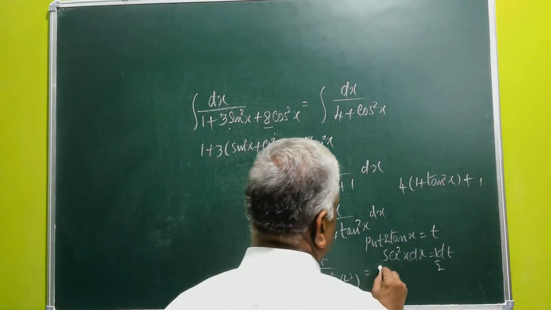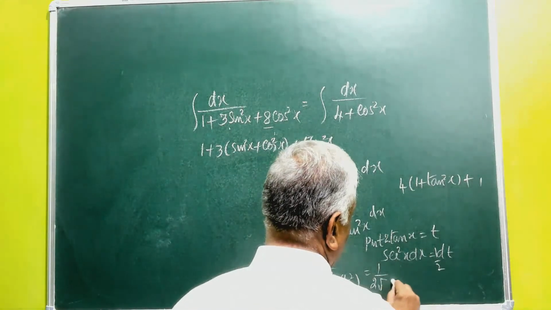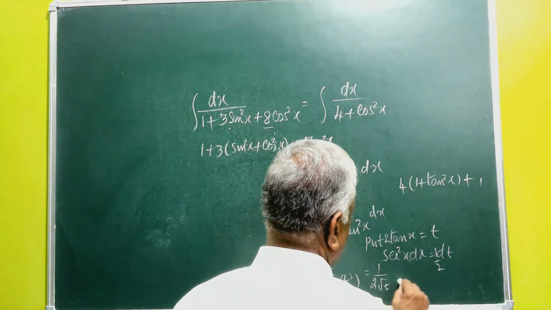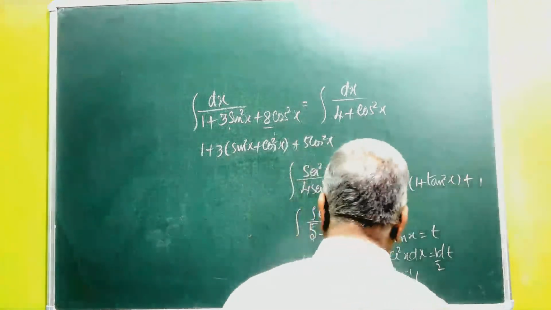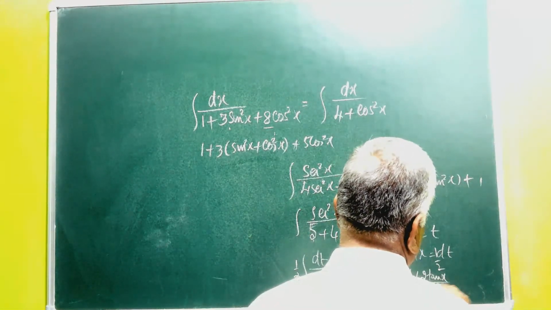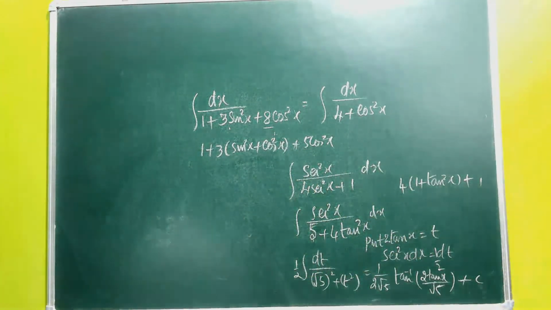That is 1 by a. So it becomes 1 by 2 root 5 because you got half outside. Tan inverse t. T is 2 tan x by root 5. So if you can understand that, it's a very, very simple problem.